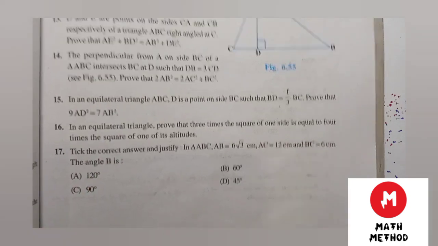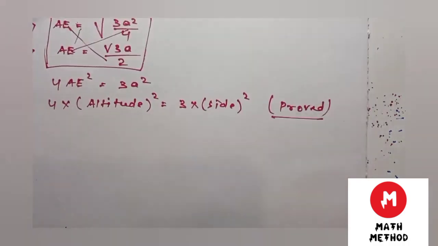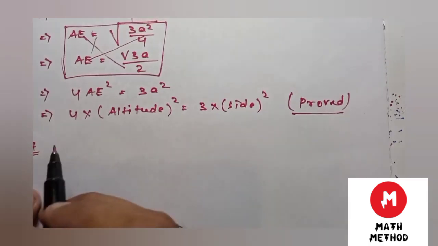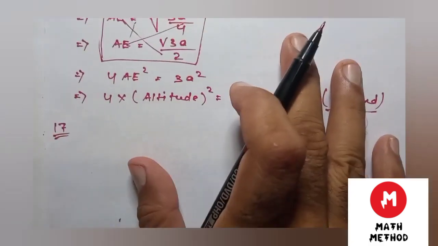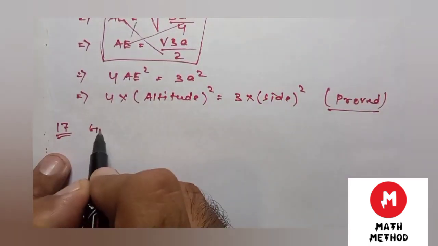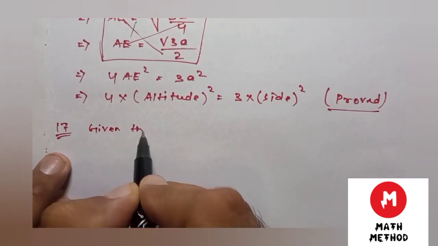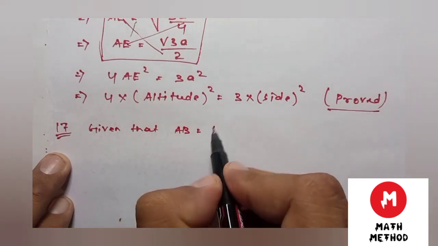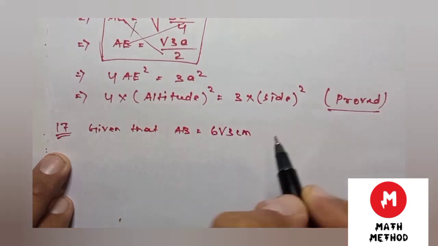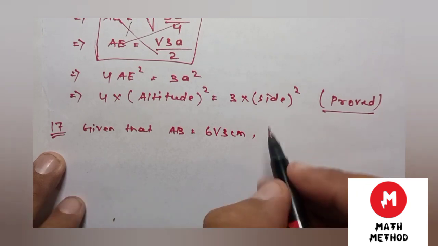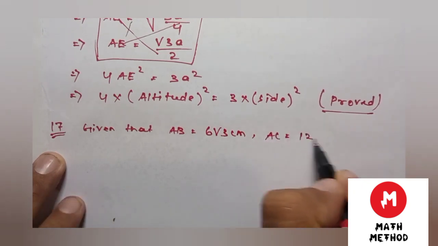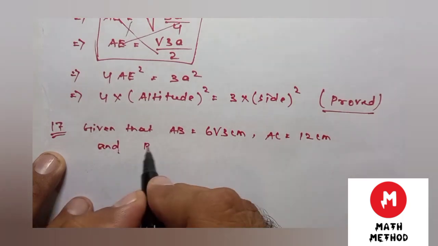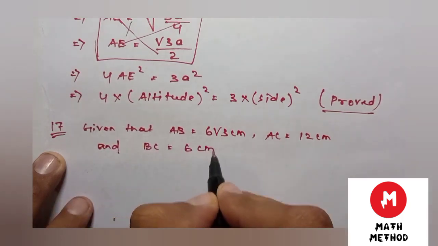So there is no need of a figure. We are given that AB is equal to 6 root 3 cm, AC is equal to 12 cm, and BC is equal to 6 cm.